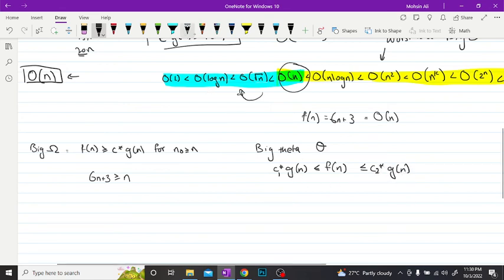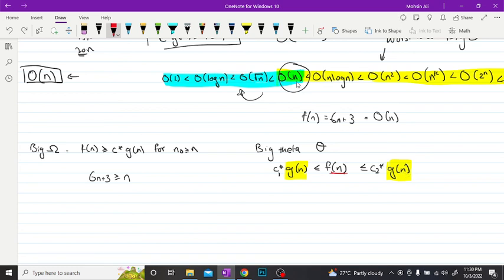And observe that the function g of n is the same on both the right side and the left side, which means that whichever class function you choose for f of n, g of n should be the same for both the lower bound and the upper bound.